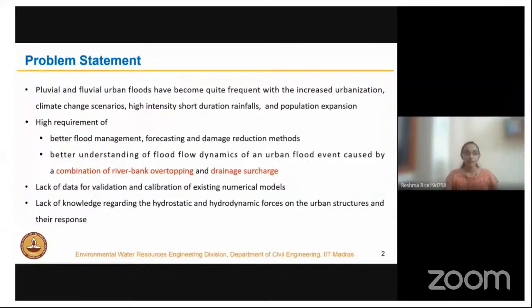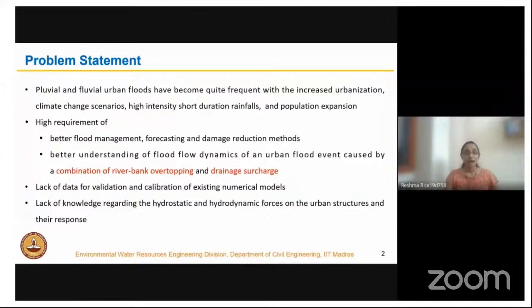Among all the natural disasters, flood is the most catastrophic in nature. It creates a havoc situation which may take even years to subside. A fluvial flood is caused primarily by riverbank overtopping accompanied by high intensity short duration rainfall.